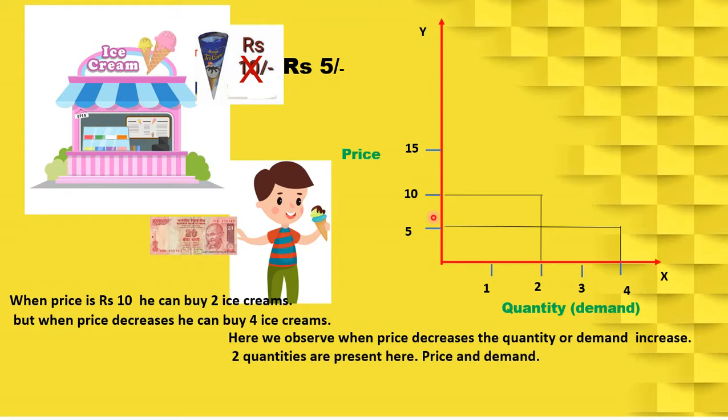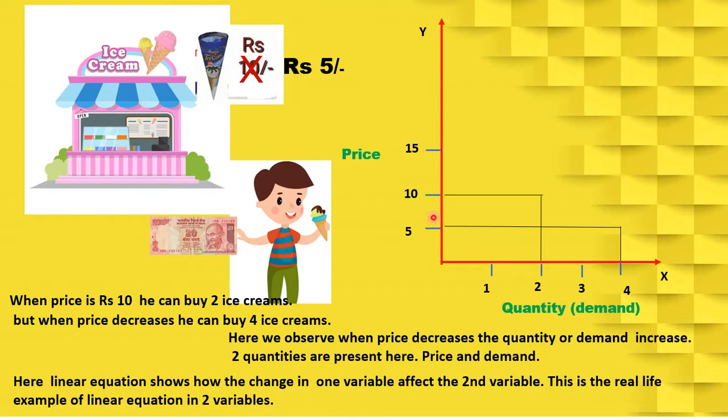So the two quantities in this example are the quantity of ice cream and the price. The price and demand are two quantities which are related to one another, in the sense that one affects the other. When one quantity decreases, the other quantity increases or decreases.